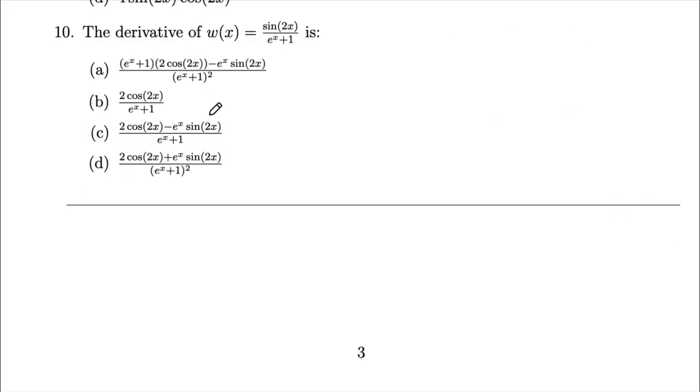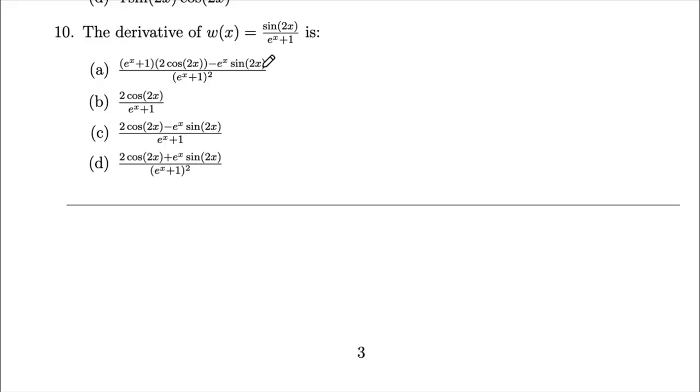Okay, so for number 10, we're going to have a combination of the quotient and the chain rule. I am not going to write out the formal chain rule notation once again, because ideally, as you get more comfortable with it, you won't have to. So quotient rule, as a refresher, is low D high minus high D low over low squared.